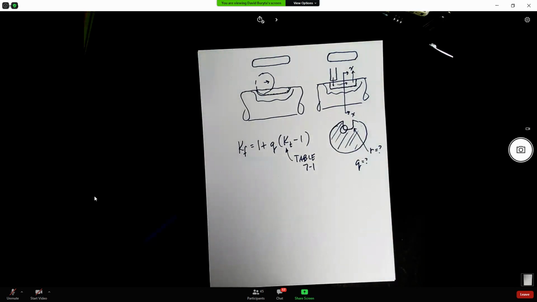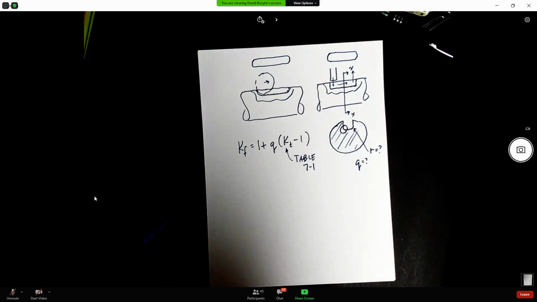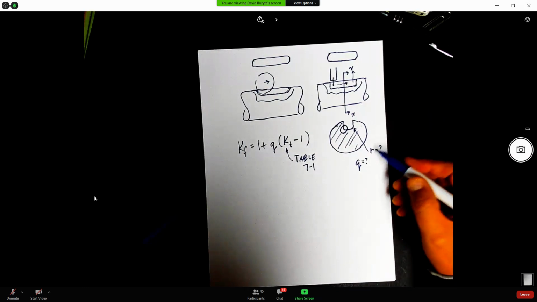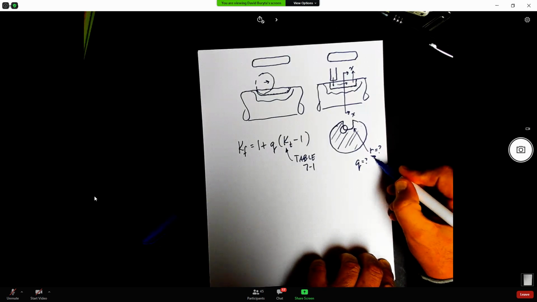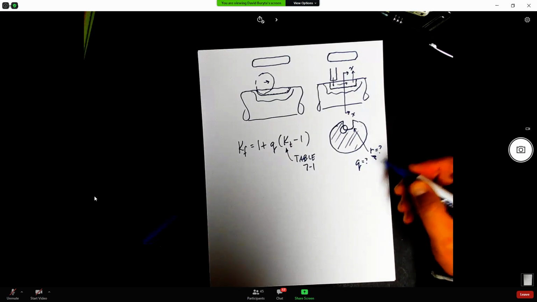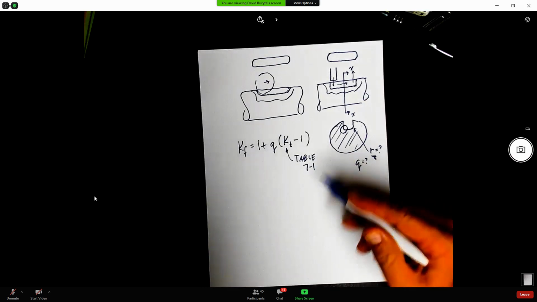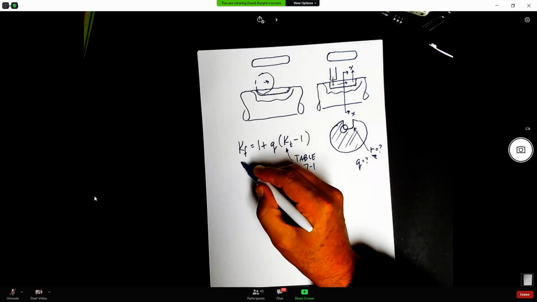Unless we know this R value, say I gave you a test question and asked you to analyze the position where the keyway is, I would have to tell you to use first iteration methods, and tell you what the radius at the root of the keyway is, or show you a drawing like this of a section view so that you could find the Q value. And then from the Q value, you'd be able to calculate what the Kf would be.